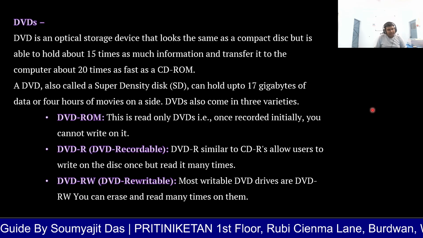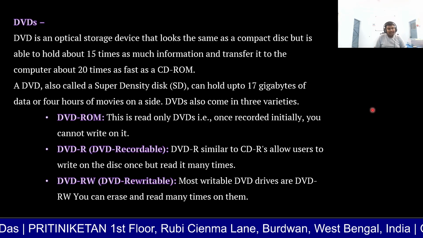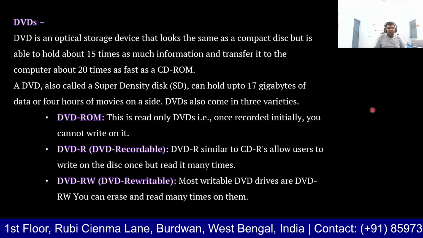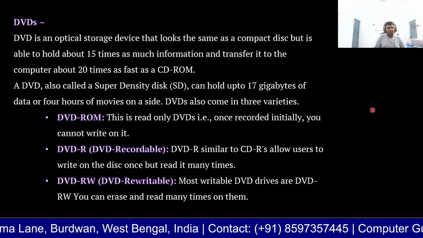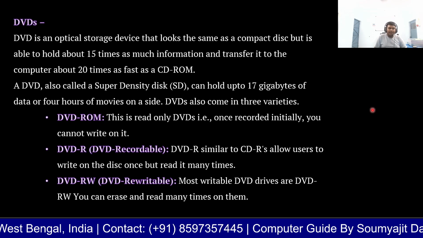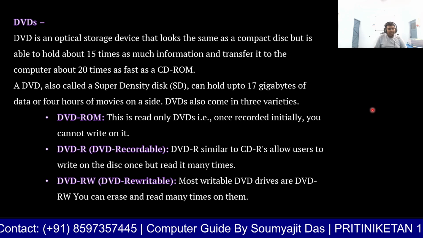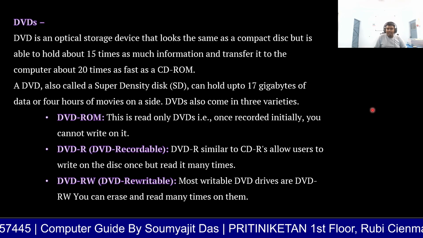Next, same concept, DVD is the super density disc, SD. It is an optical storage device, looks the same as a CD, and can hold 15 times more and transfer 20 times faster than a CD-ROM. DVD-ROM. DVD-ROM is the kind of DVD which can be physically recorded by the manufacturer but cannot be written.